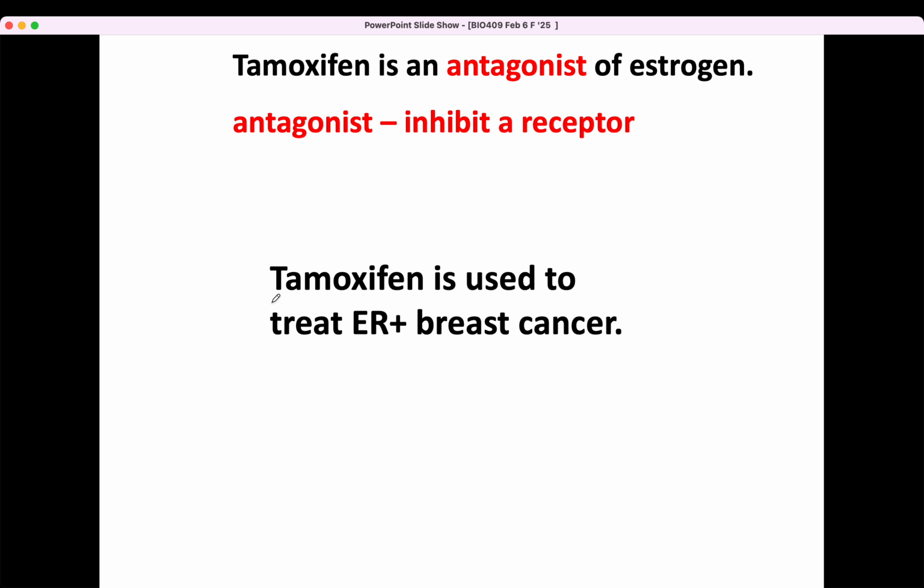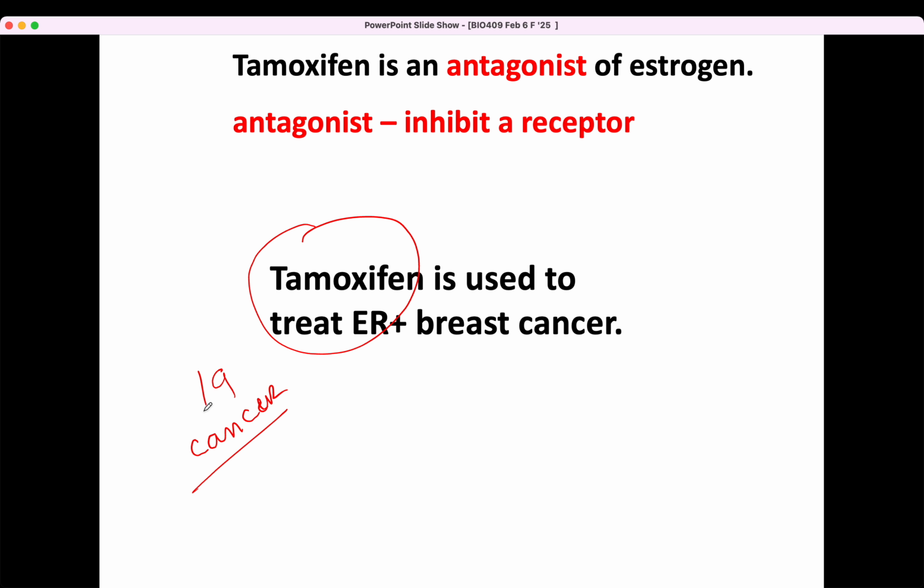So we're going to talk about a drug that's used to treat cancer, called tamoxifen, and it has lots of different trade names. This is going to come up in chapter 19, the last chapter in our book, that we'll get to pretty quickly, although not before the first exam.